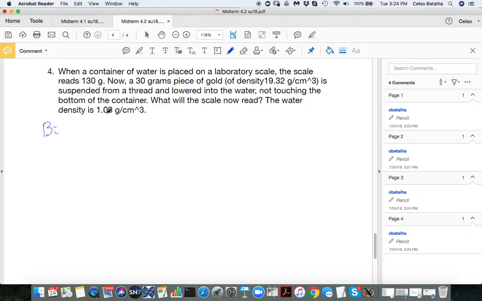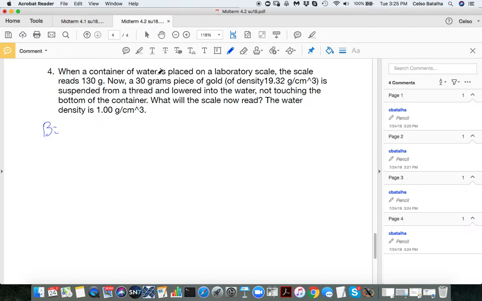So you can put gold, lead, whatever, the buoyant force is the same as long as the volume is the same, right? It does not depend on the material. So the buoyant force that the swimming pool exerts on my body is the same buoyant force the swimming pool water exerts on a volume of gold that is identical to the volume of my body. The force is the same.